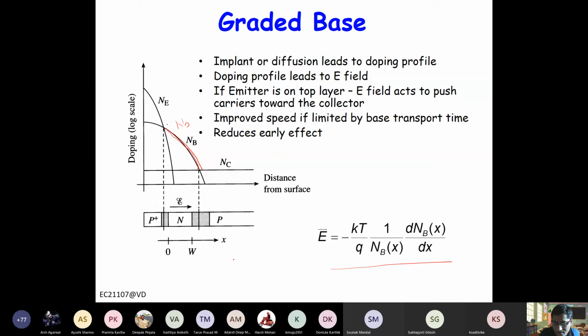So if the equilibrium Fermi level is constant, how will the conduction band shift? When the electron concentration is higher, the conduction band should be lower. When the electron concentration is lower, it should move up. So something like this, right?